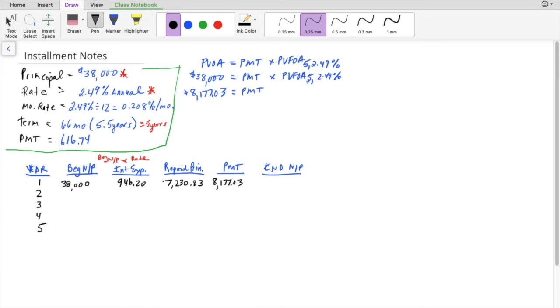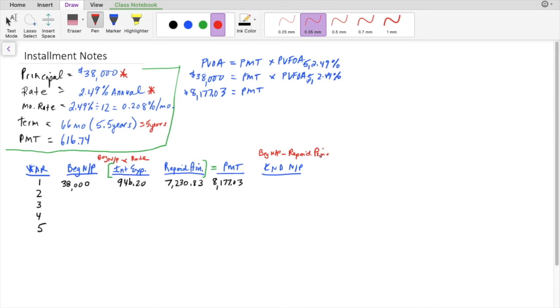These two numbers here in the middle, my interest expense and my repaid principal, have to equal my payment. Right? They comprise my payment. So, how much is left? Well, how do I figure that out? I take my beginning note payable amount and I subtract my repaid principal.